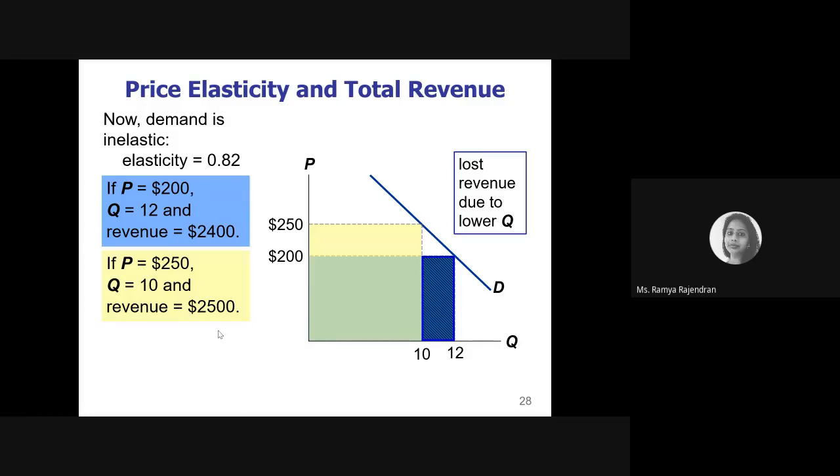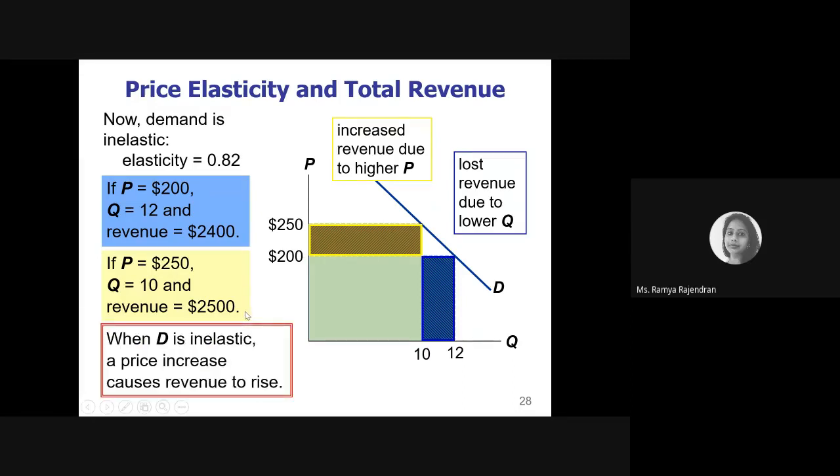We have lost revenue due to the lower quantity, but we have increased the revenue due to a higher price. The same scenario, but the number is higher here. So if the demand is inelastic, a price increase can cause the revenue to increase.